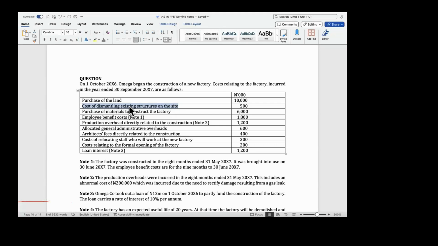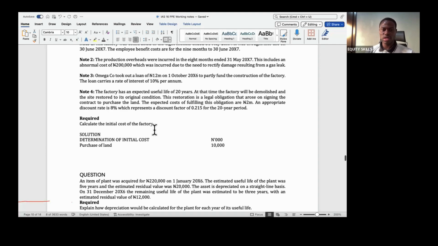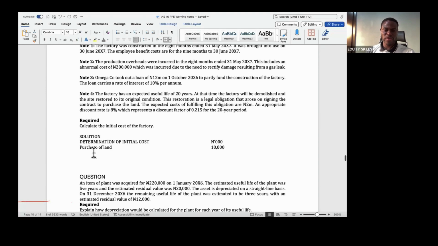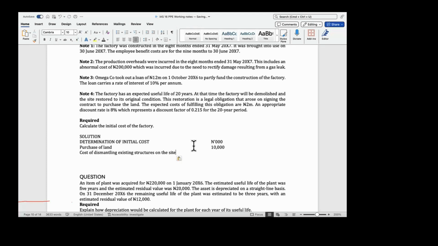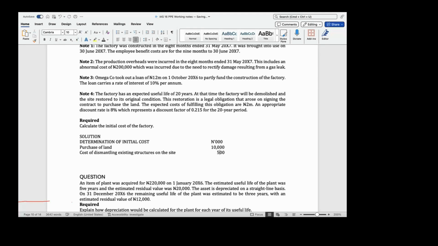So cost of dismantling existing structure should be capitalized because it's like site preparation costs, directly attributable costs. Femi, you were trying to say something. Yes, that it should be capitalized because you have to prepare the place before you build.